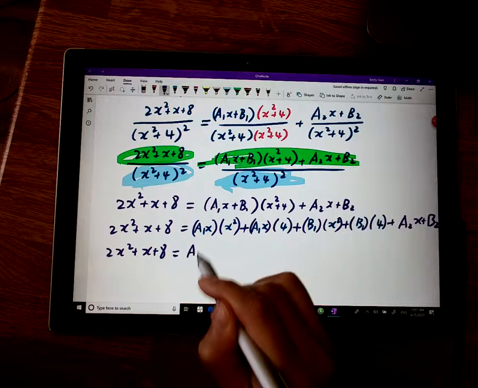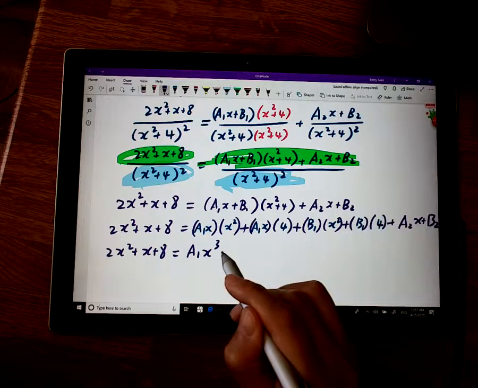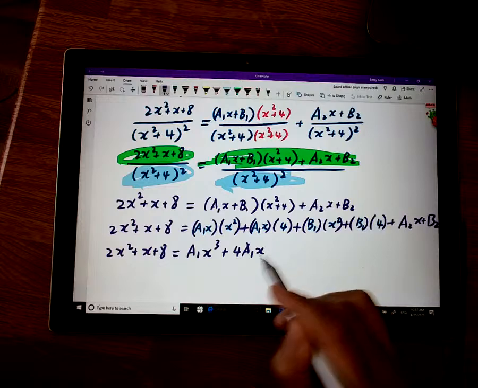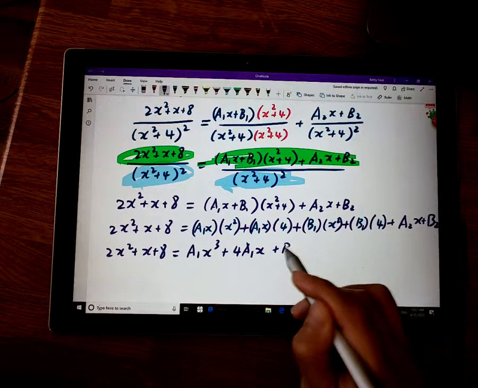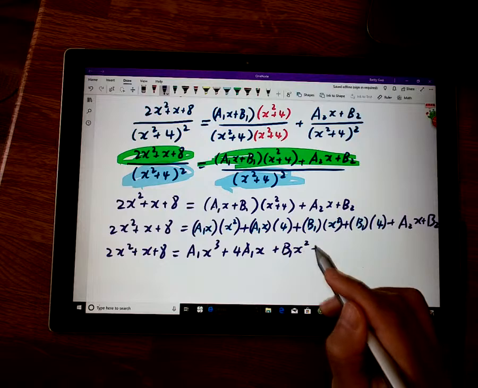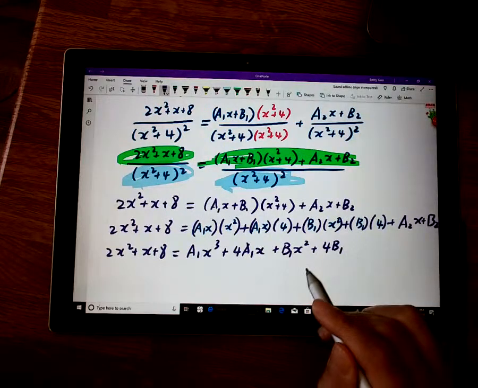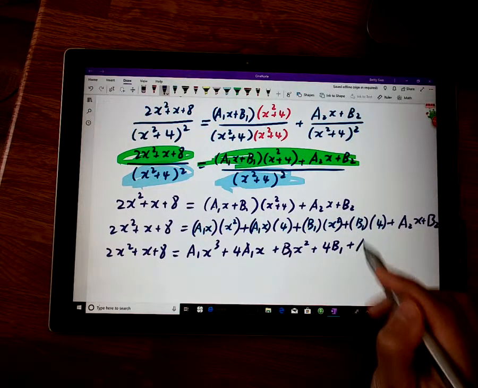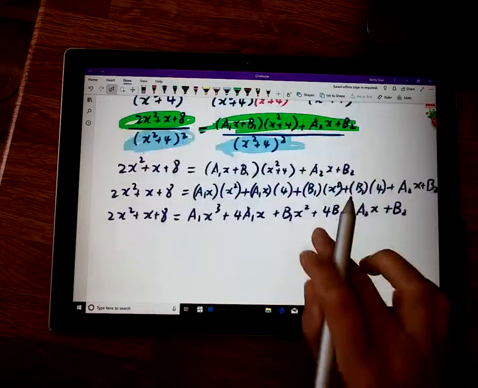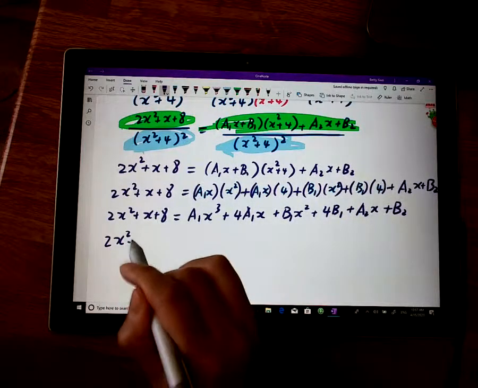So this is a sub 1 x cubed plus 4 a sub 1 x plus b1 x squared plus 4 b1 plus a sub 2 x plus b sub 2. Combine like terms.